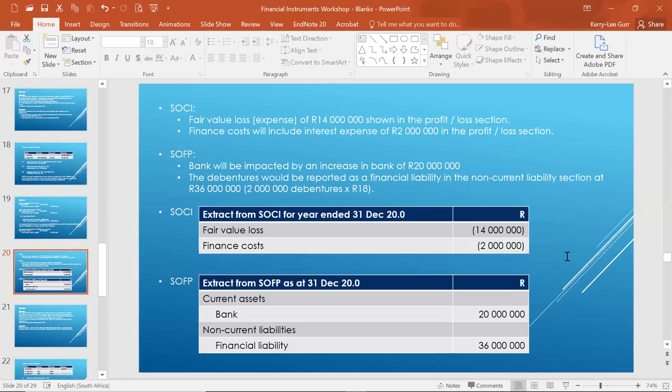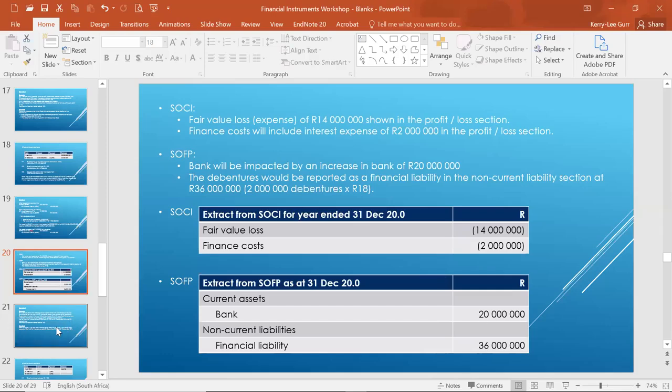In our statement of financial position, our bank is sitting at 20 million, that's what we received, and we have our financial liability at the updated fair value of 36 million Rand. This is just an extract for you. Of course, as we said, this would be included in a larger question, so this is just for the purposes of pulling out the financial instrument elements.